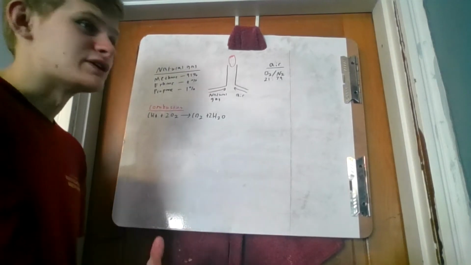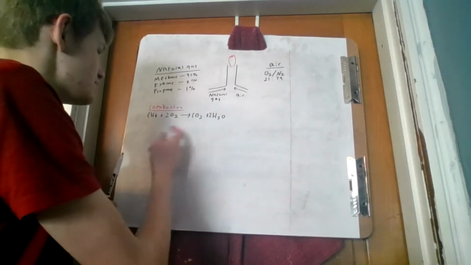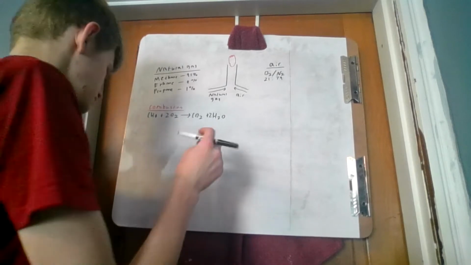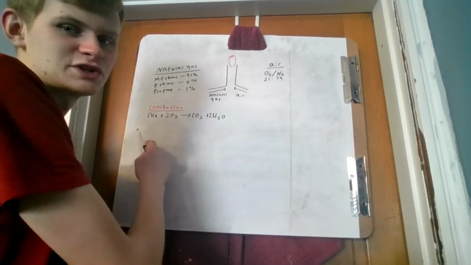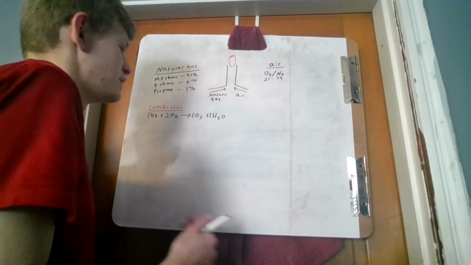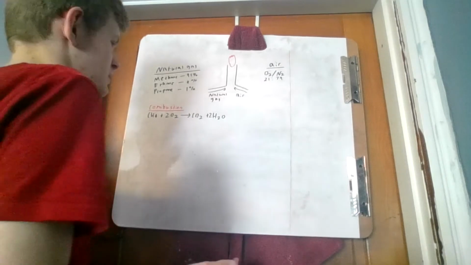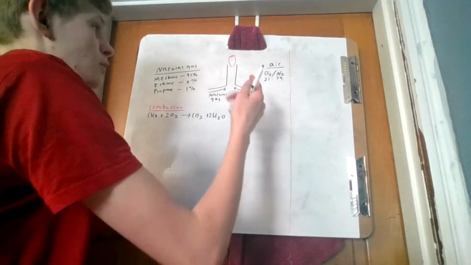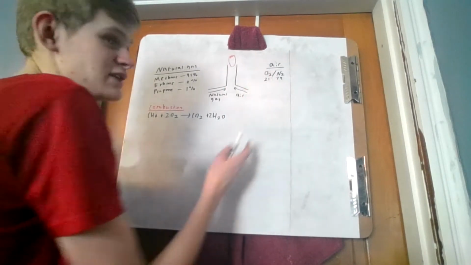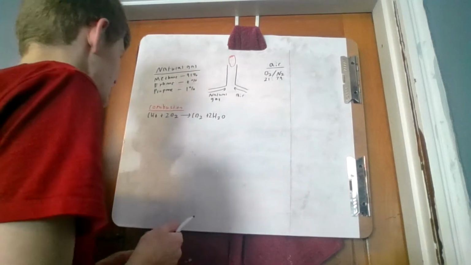However, if you've noticed, we're using normal air. This only represents the portion of the oxygen that's being put into it. We're not using pure oxygen. We are using normal air, which is comprised of oxygen and nitrogen. So we need to include that in our equations.